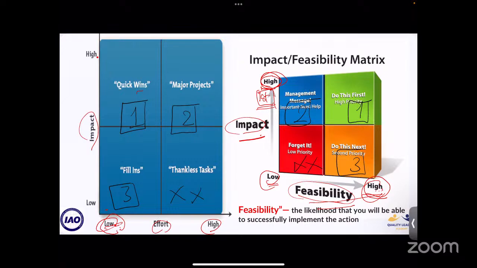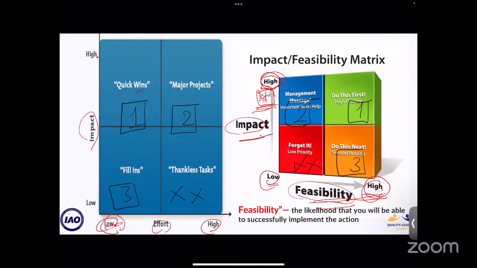How might the question be asked? The exam might give you a table with different solutions and ask which one you should work on first. The first thing you go for is always high impact and high feasibility.